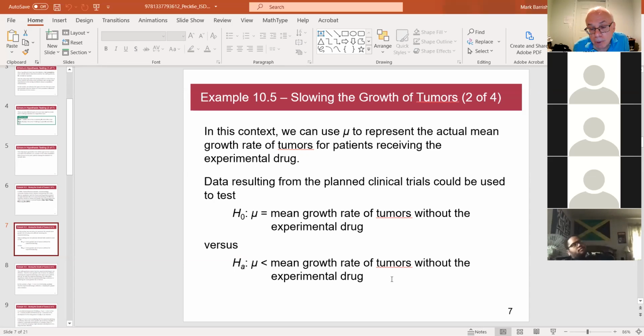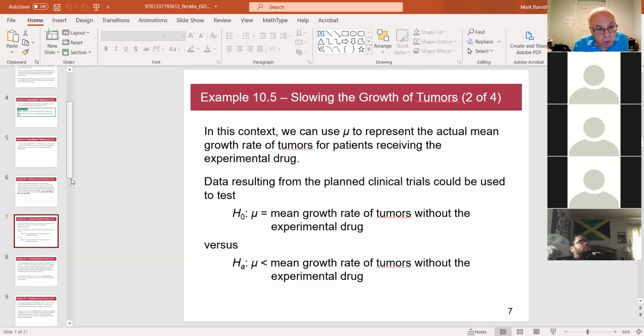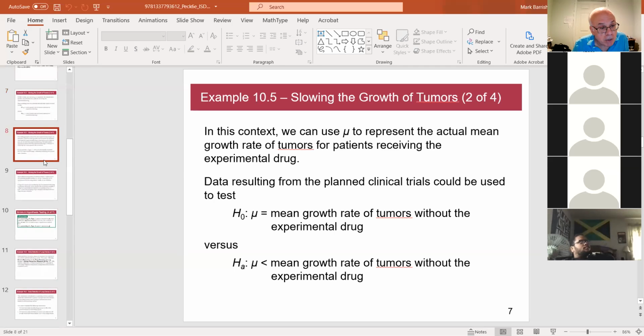What would be a type 2 error? Well, we're not rejecting the null hypothesis. So we don't have enough evidence in the sample to show that it works when in reality it does work. Get the idea? Those are the type 1 and type 2 errors. So that's really the examples that they're showing here in this section.